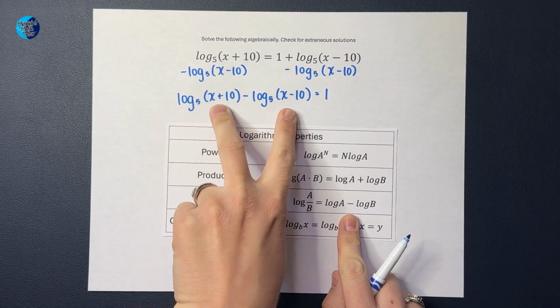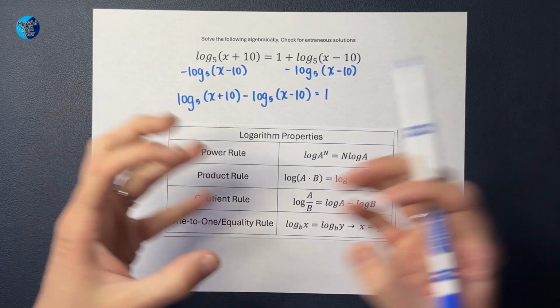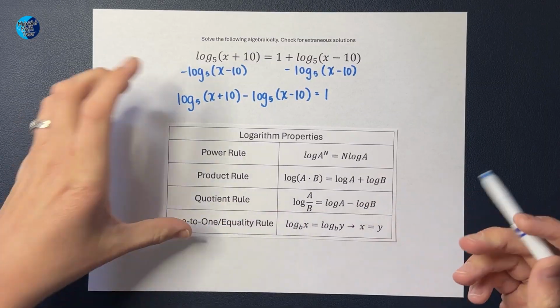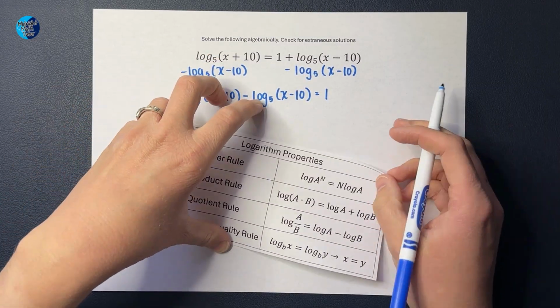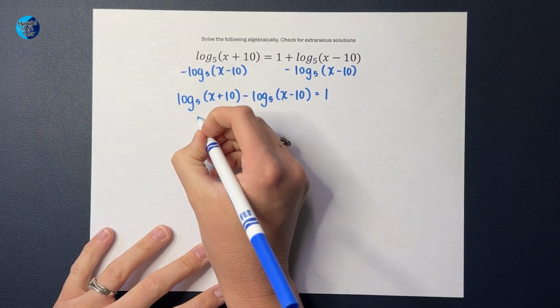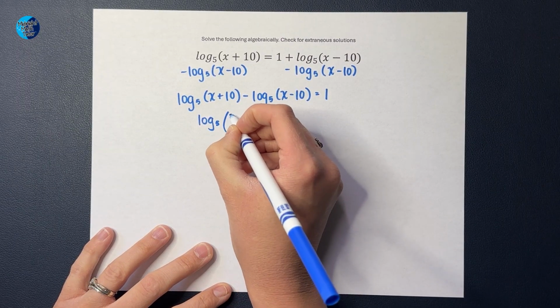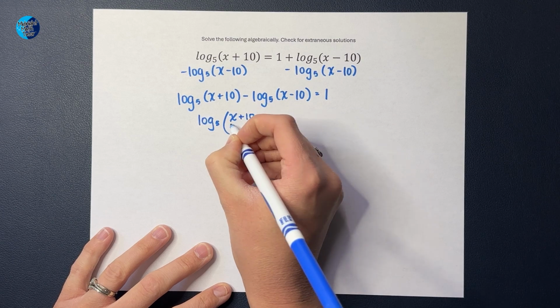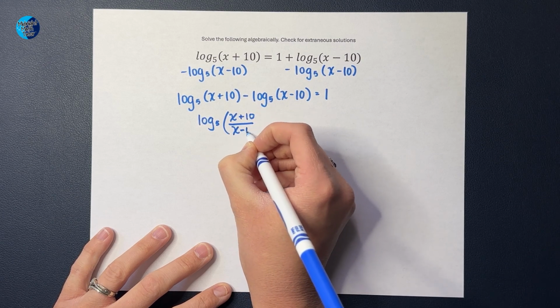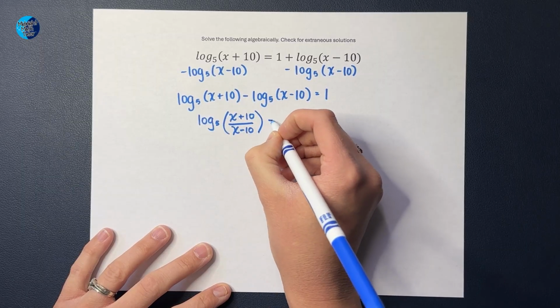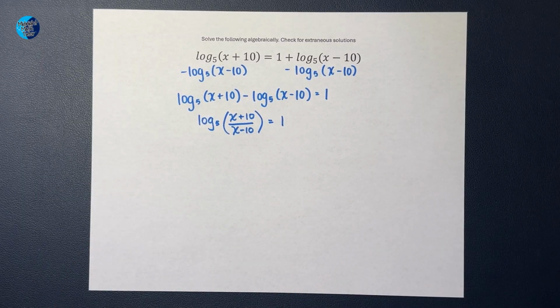Logs have the same base, they're being subtracted. I can go ahead and condense them down to 1 log and divide what is inside the parentheses. So I can rewrite this as log base 5 of x plus 10 over x minus 10. And that is still equal to 1.